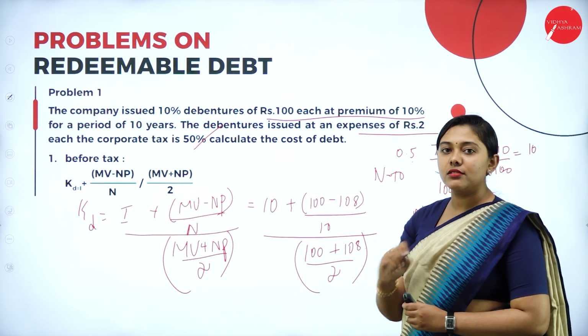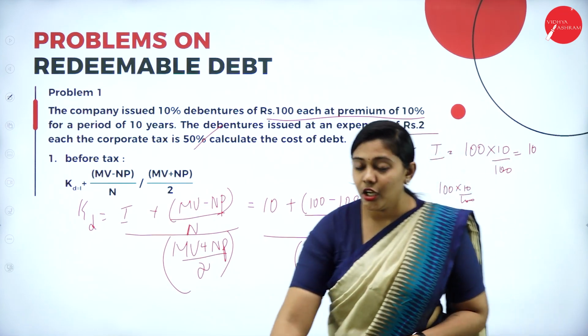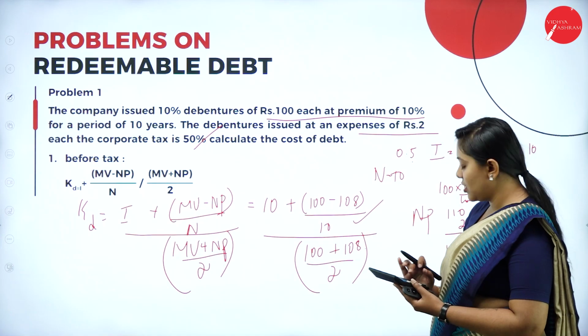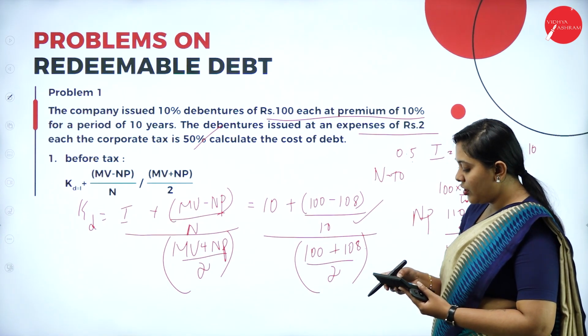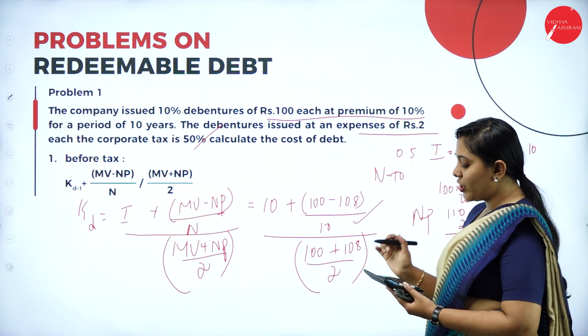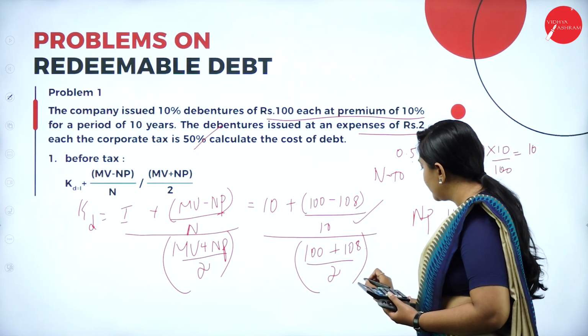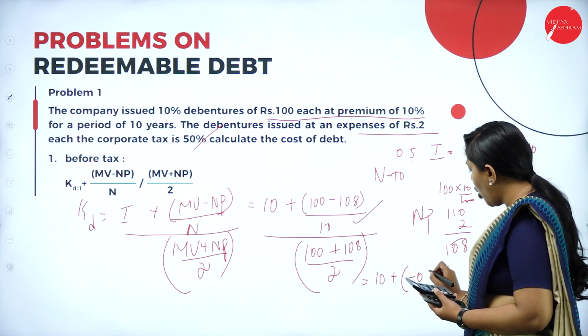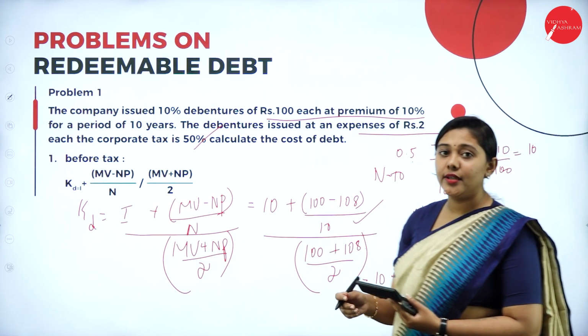So first let us solve this bracket by using a calculator. So 100 minus 108 divided by 10. It will be minus 0.8.